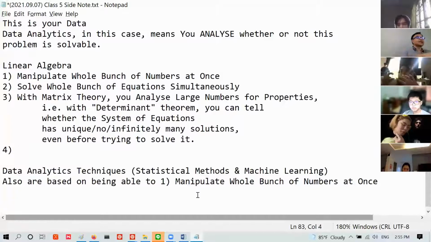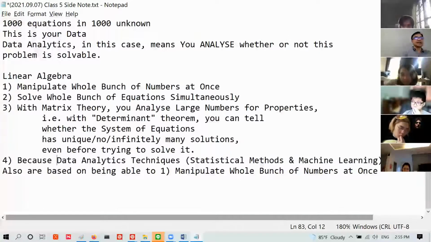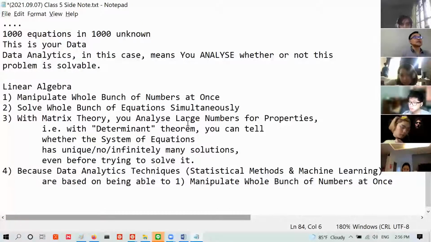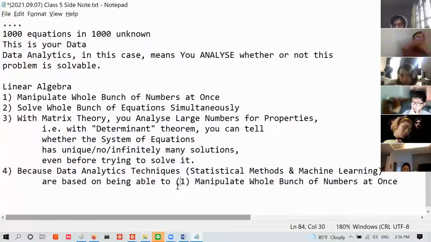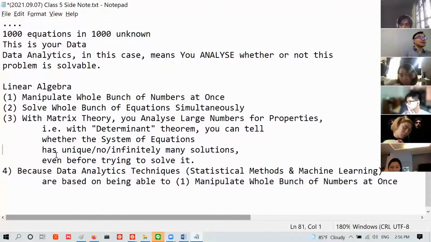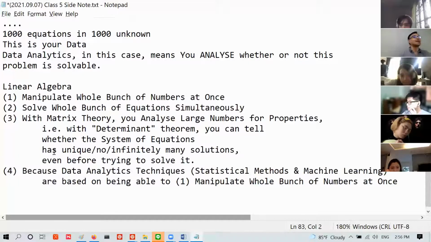So those are the 4 reasons why you study linear algebra, the 4 ways you use it.